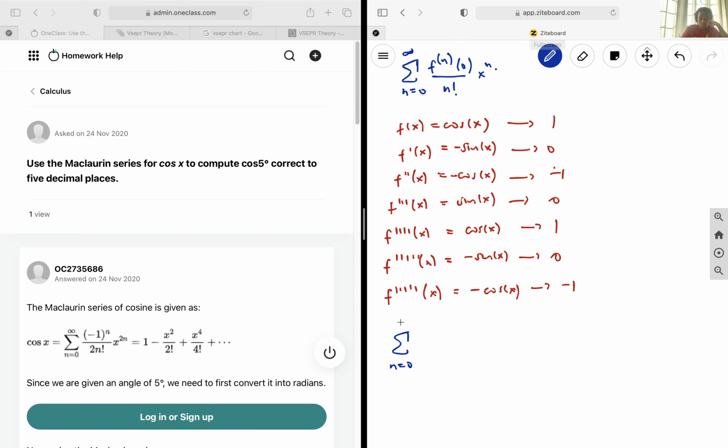So this is from n is equal to 0, and so that would be f prime.